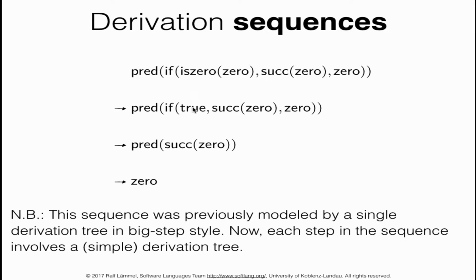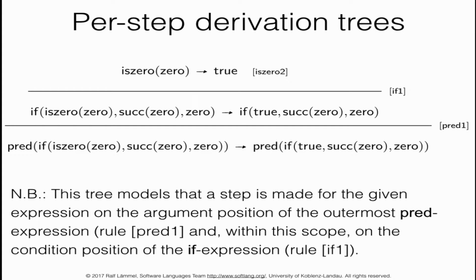Just in the same sense as in big step style, we had one, let's say, big derivation tree for the complete evaluation. So here's one derivation tree, namely the derivation tree for the first step, where we essentially end up simplifying the condition position of the if expression, right? And of course, it's a derivation tree very much in the same sense as in big step style.